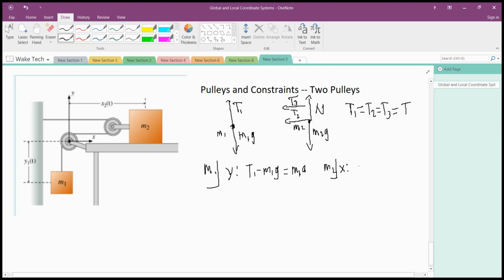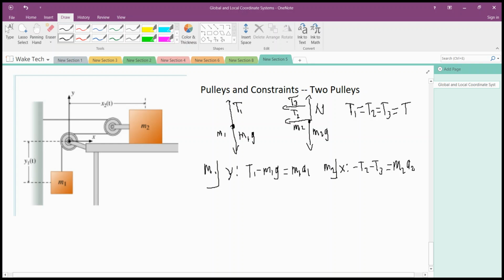So in the x direction, to the right is positive and to the left is negative. Both tensions pull to the left. And so you get minus T2 minus T3, and that's it for the x direction, is equal to m2a2.